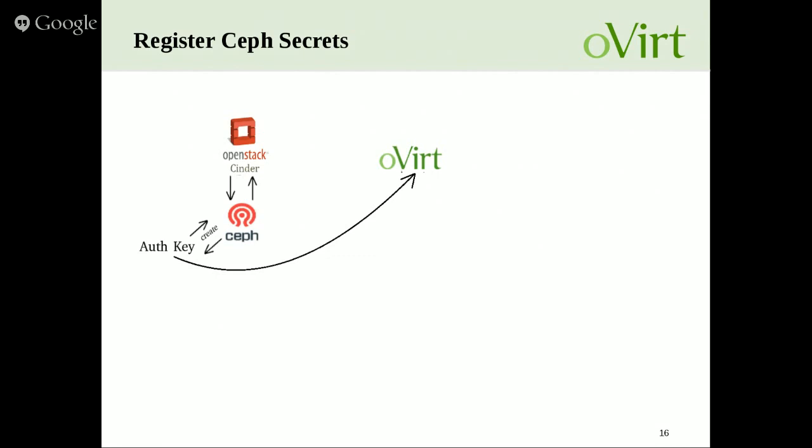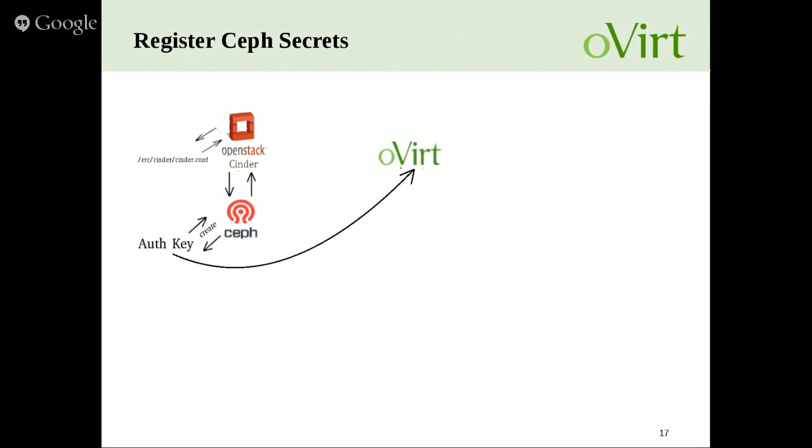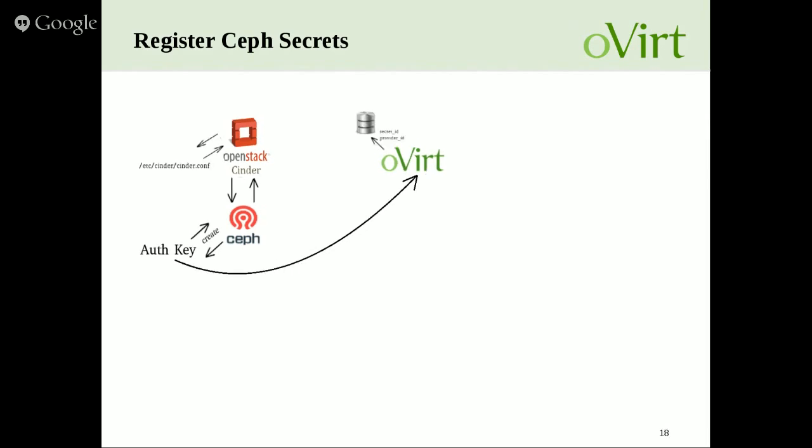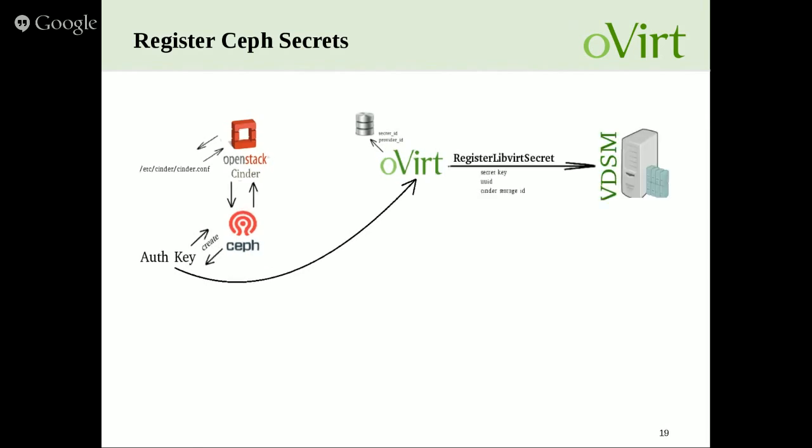This UUID, which oVirt provides, we are updating in the cinder.conf in the Ceph backend. oVirt saves this UUID also in the database, and it uses registerLibvirtSecret, which is a new API for VDSM to save the secret key with the UUID and the Cinder storage ID.